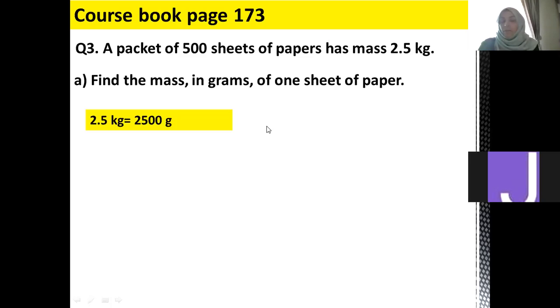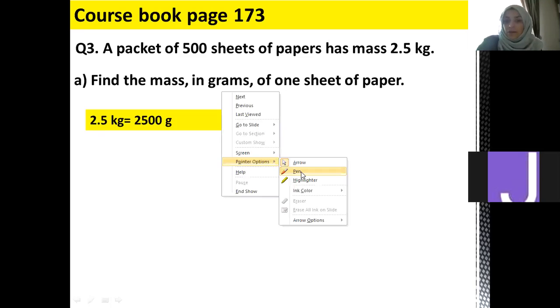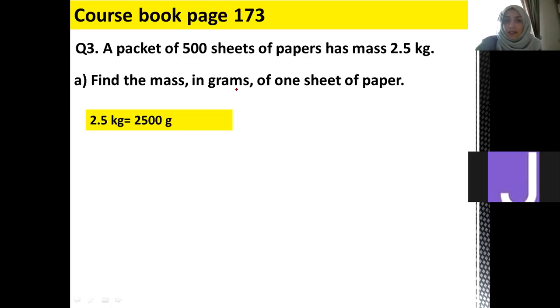Simply in the question, they want you to find the weight of one sheet in grams. So whenever you start solving a question, check the question and the unit they want you to write in. That is the first thing I look for: I want my answer in grams, not kilograms. The question says the mass of one sheet.